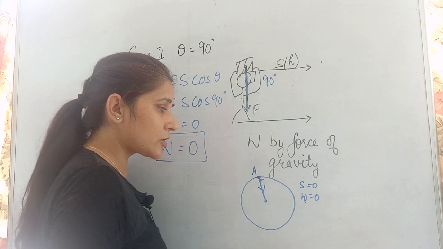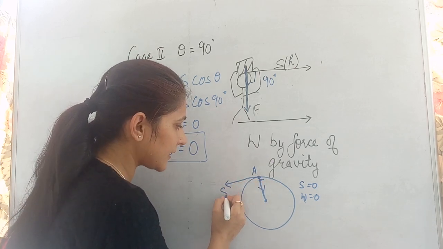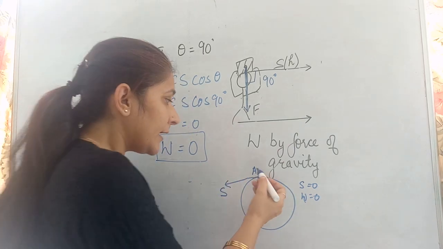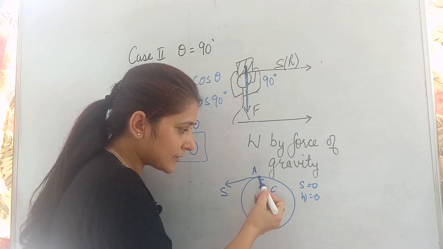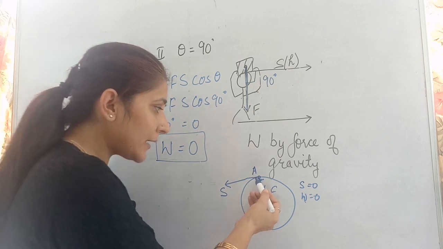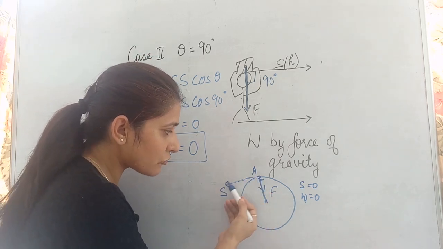And what is the direction of displacement? This A is moving in this direction. This is the direction of displacement, and this is the direction of force. On this particle A, the force applied is the centripetal force, and its direction is towards the center. And this particle A is moving in this direction, along the tangent drawn on the circle.